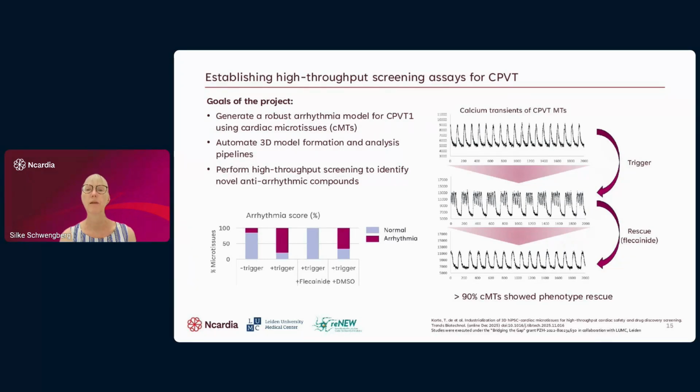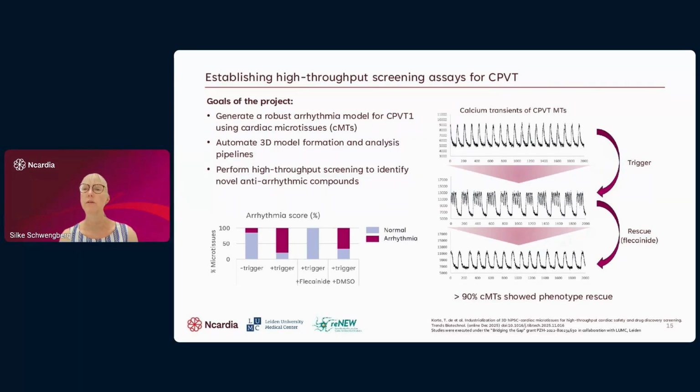The LUMC in turn also came up with an automated way to analyze the data. So what you can see here on this slide on the right hand is calcium transients of the CPVT microtissues. The upper panel shows you the background, very regular beating of the microtissues.